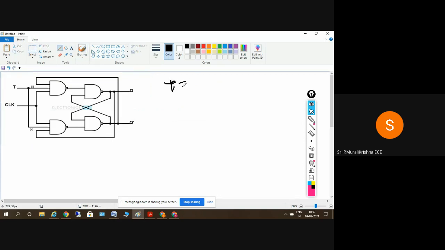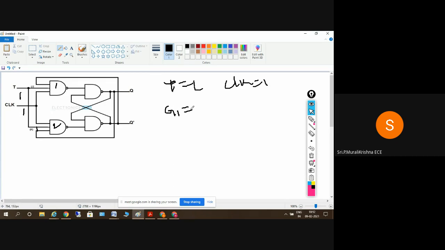T is equal to 1 and clock is 1. First we'll see the output of G1.